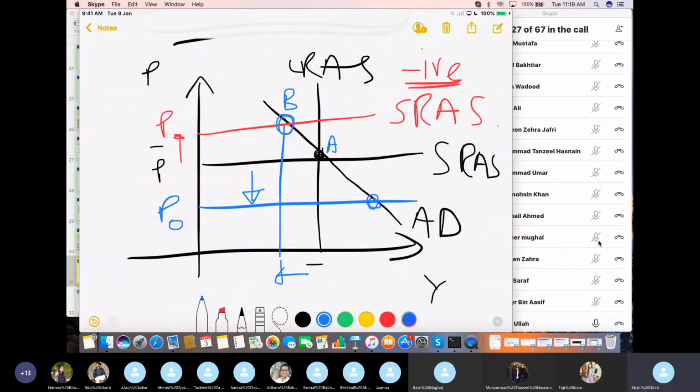At this point C, GDP has increased. That's why it's called a positive supply shock. So you can use either of the logics to remember that a negative supply shock happens when the supply curve moves up. It's a positive supply shock if the supply curve, short-run aggregate supply, moves down.